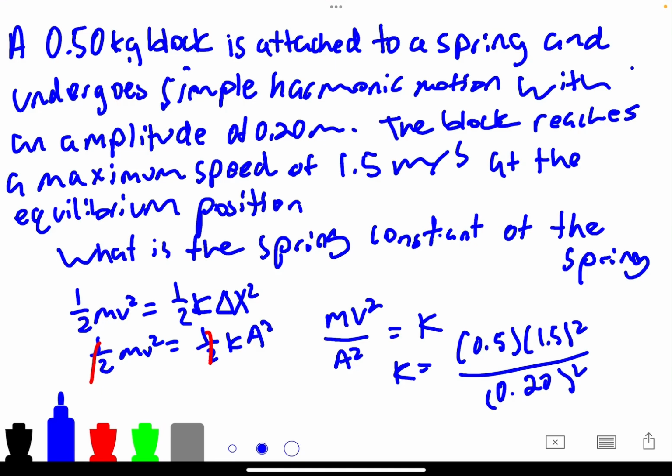Squaring that would give us 0.04. So in the end, for the spring constant, we get roughly 28.125 newtons per meter.